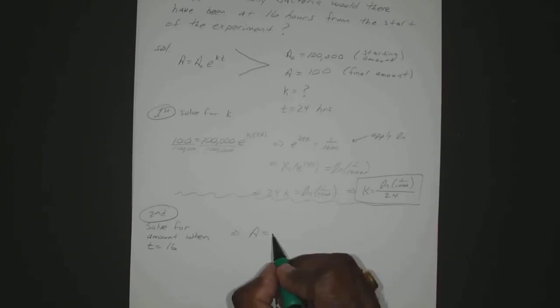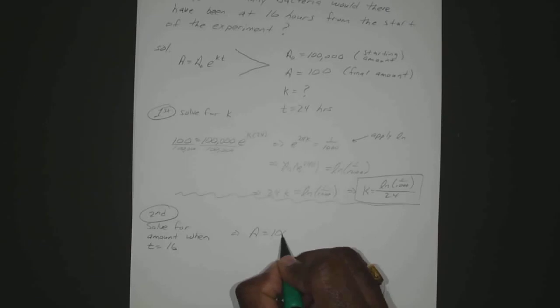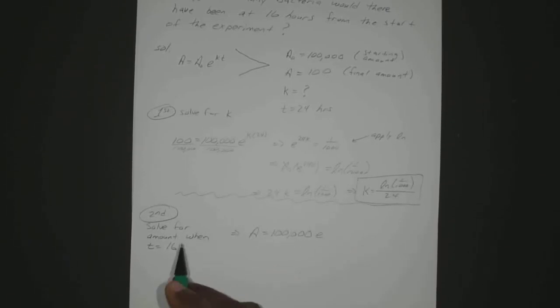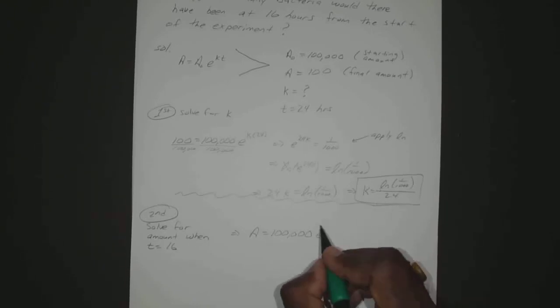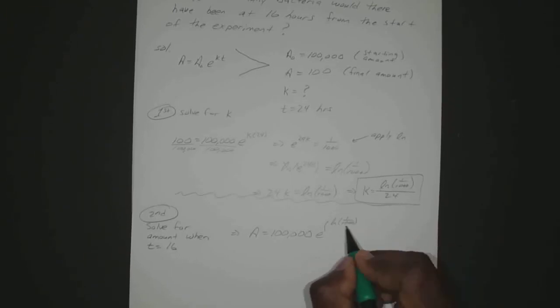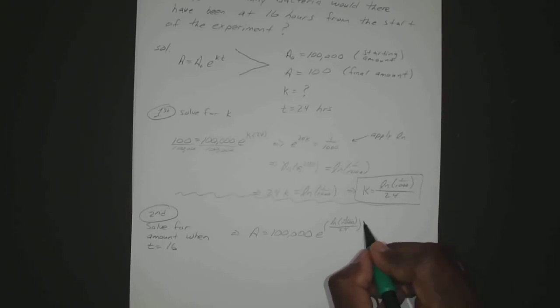A is equal to A sub 0. Again, it started at 100,000, times e to the k, and we now know what k is. So it's natural log of 1 over 1,000 divided by 24, times our time, which is 16.